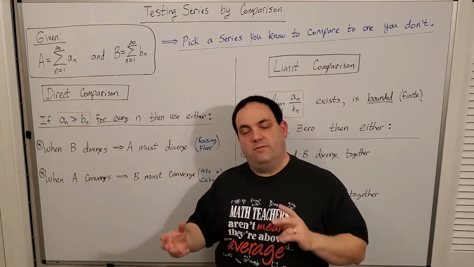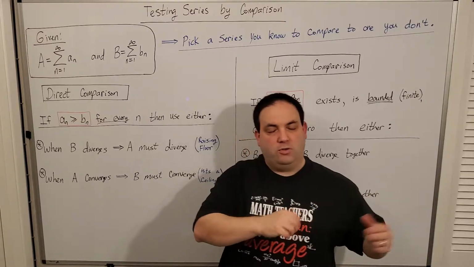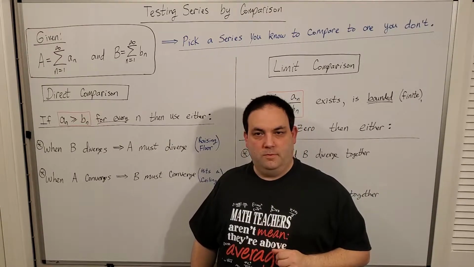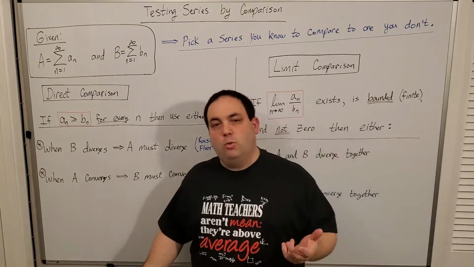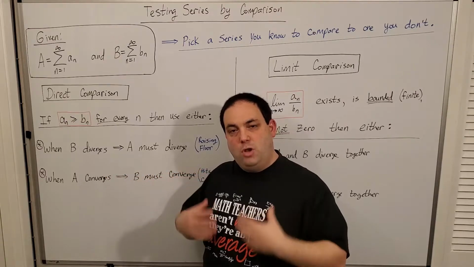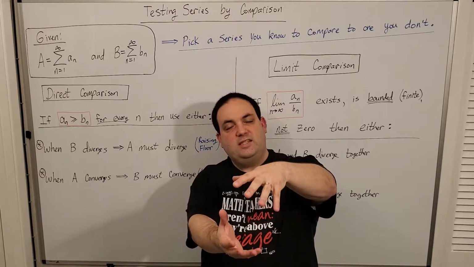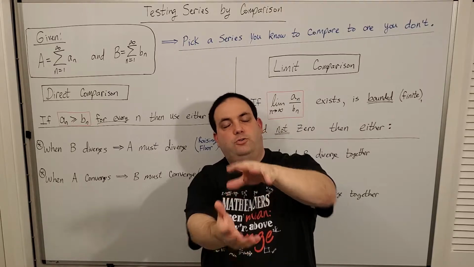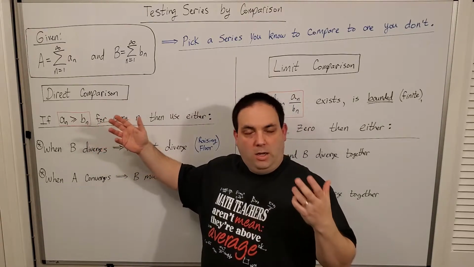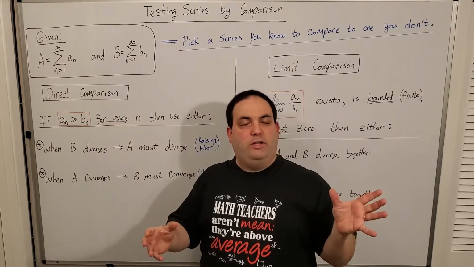All you need to show is this inequality is true, and then the knowledge of one or the other of the series will force the other one into a proof of some sort. So really what you just need is to pick the correct series that you know. If you're presented with a series, say prove if this is convergent or divergent, what you need to do is just pick an appropriate series to compare it to.